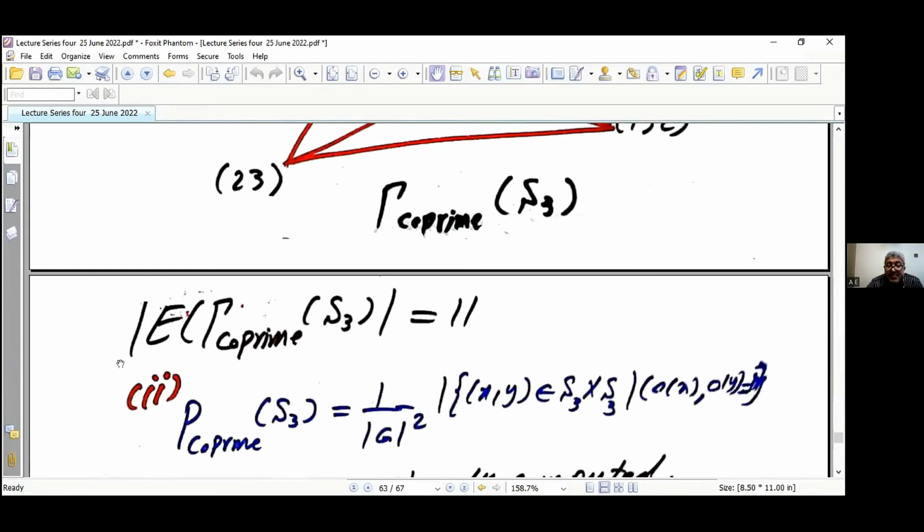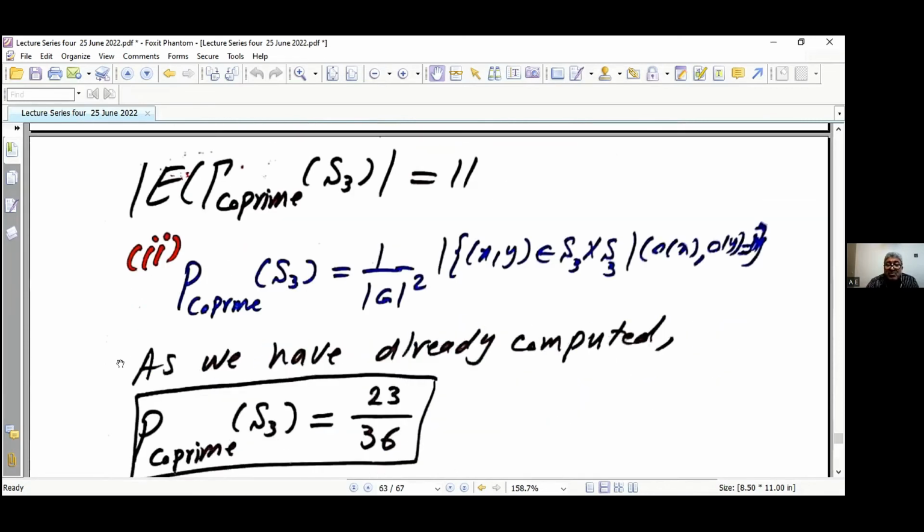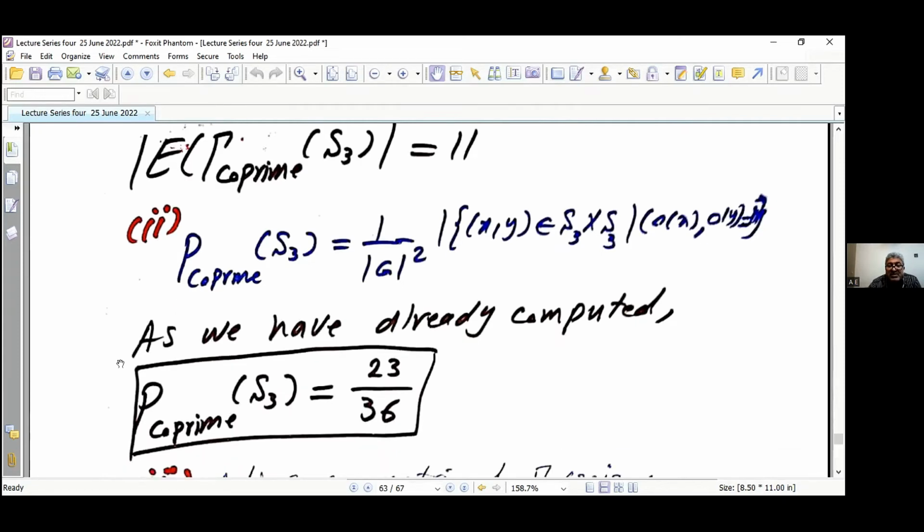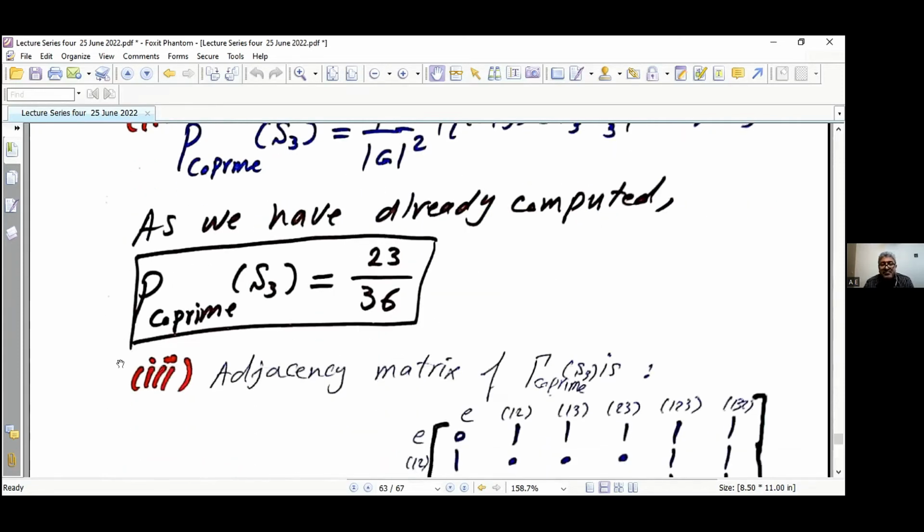Coprime degree is the number of pairs x and y whose orders are coprime, divided by the order of G squared. In lecture 2, I think I computed the coprime degree for S3 and it was 23/36. Right.